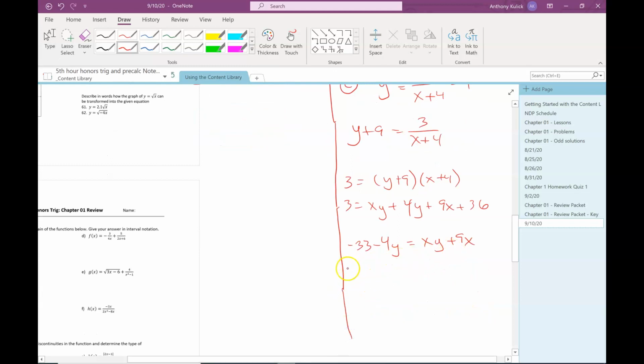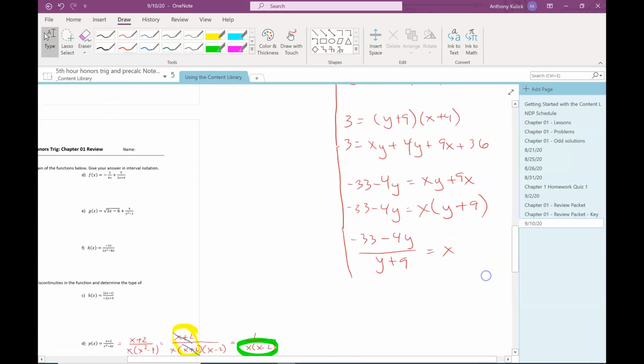So now I'll factor the greatest common factor of x from the right-hand side and then divide both sides by y plus 9. And then we'll just swap the x's and y's.